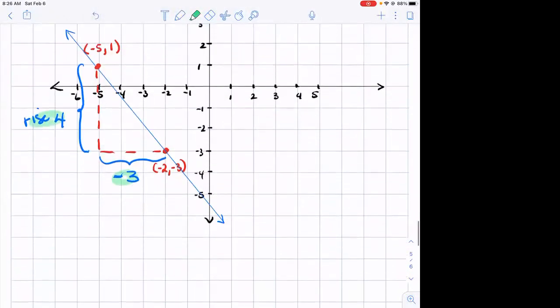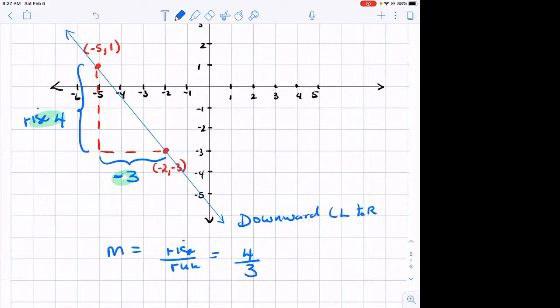So we can say that the slope, m, the rise over the run, is equal to 4 over 3. But then if you look, the line is moving downward from left to right, so I know that the answer is negative.